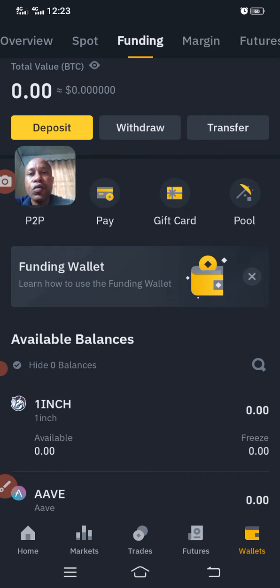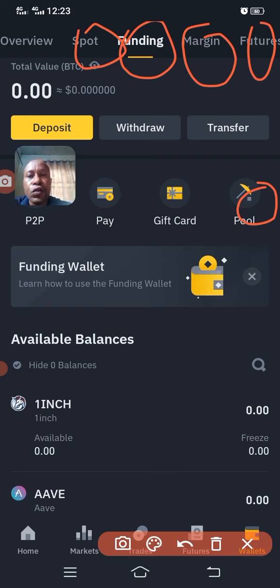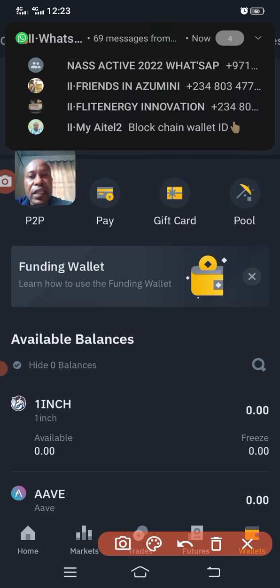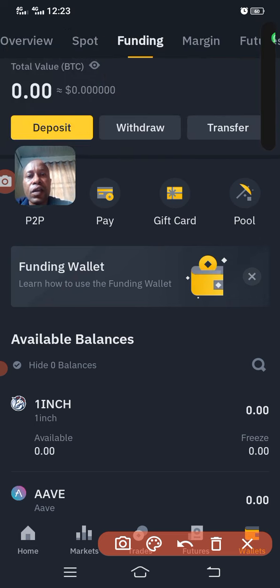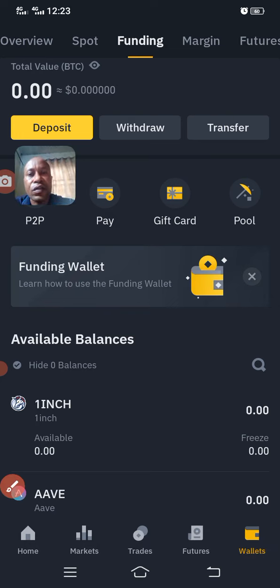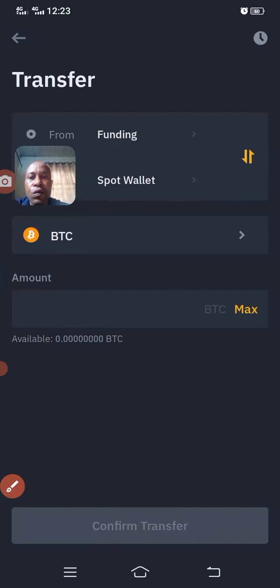Now you have to come to your funding wallet, and all you need to do is to click on what? Transfer. Once you click on transfer, a drop down will come.